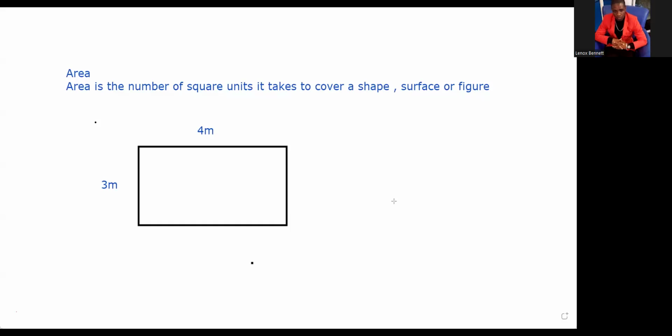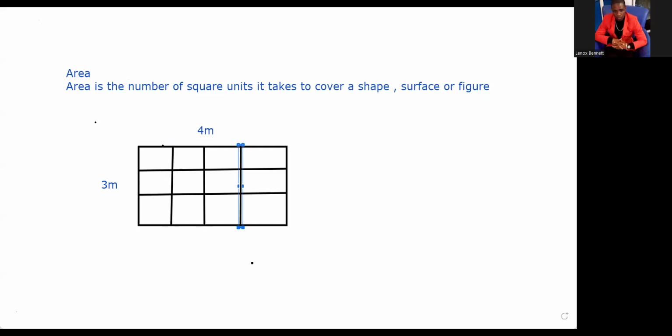All right, so here we have a rectangle, right? And it's a 3 by 4. So what this means, you see this 3 here? It means that you should have 3 squares going across. So 1, all right, and this now 4 going this way, so you should get 4 squares on this side. 1, 2.